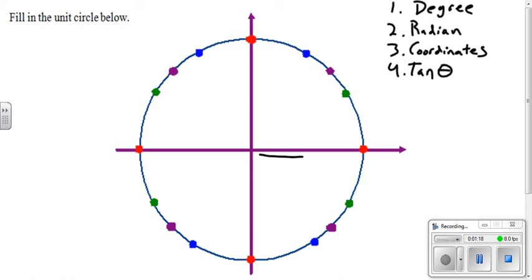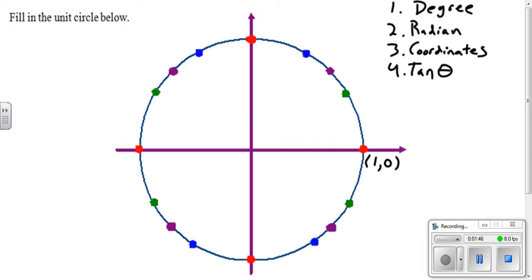Again, if we know that this length is just 1, we know then that this one is at the point 1, 0. That's our coordinate. In which case, the degree going from here, our initial side, to here, our terminal side, well, there's no angle there.